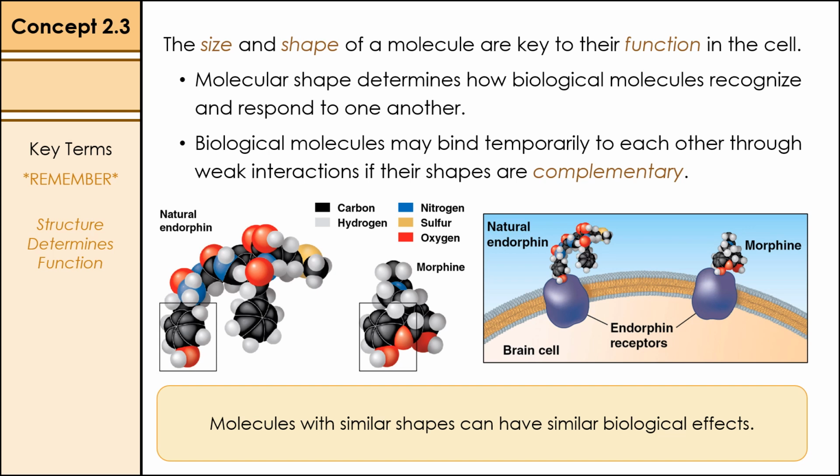So the size and the shape of our molecule are key to how they function within a cell. And this is because the structure determines whether or not we're able to bond with particular receptors in some cases.